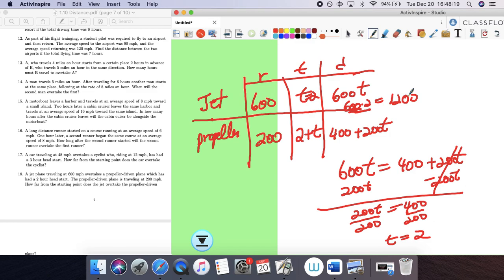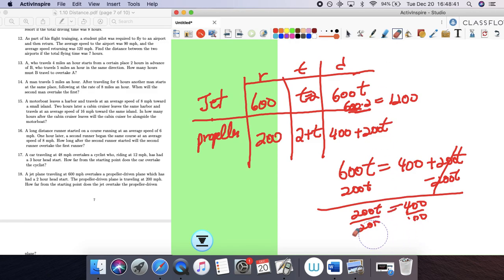Hang on a second. 2 plus t, head start. The propeller at 200 miles, 400 for 200t. Something isn't working with my equation.